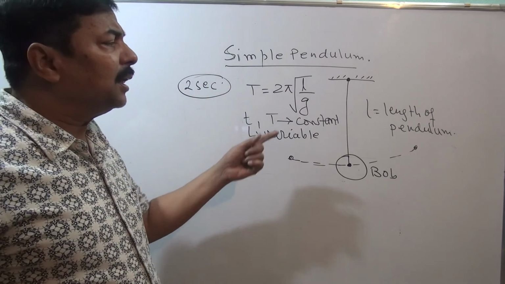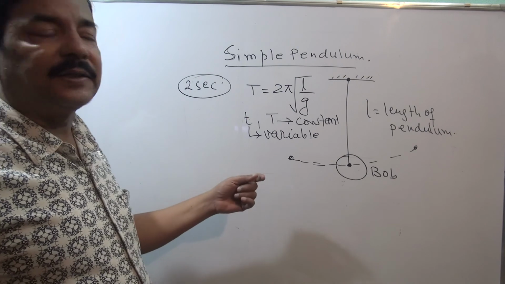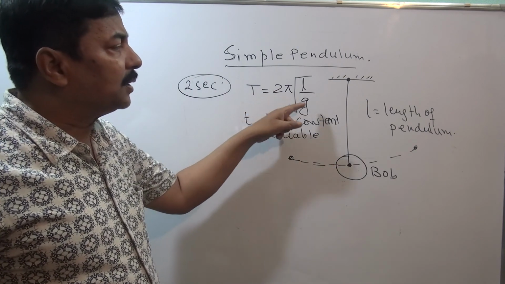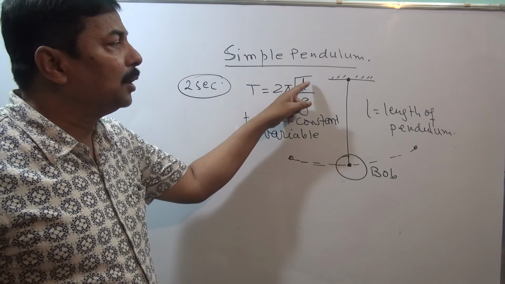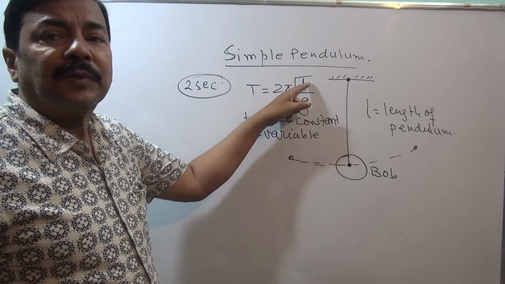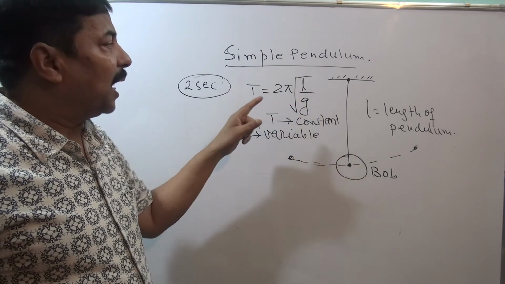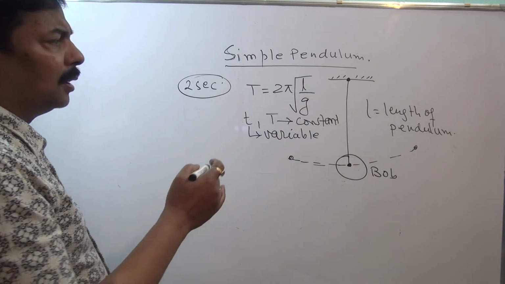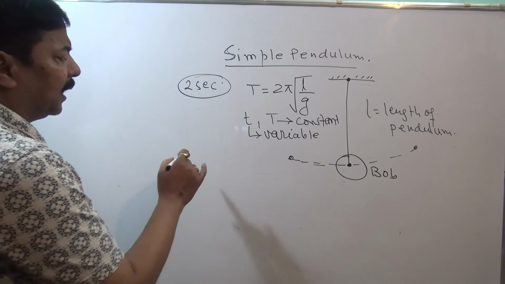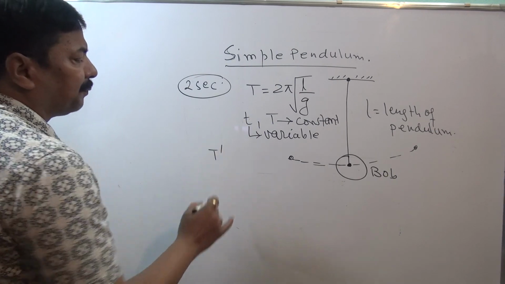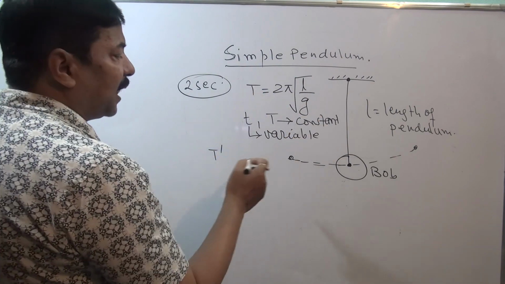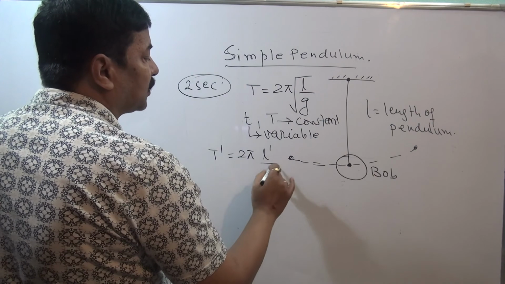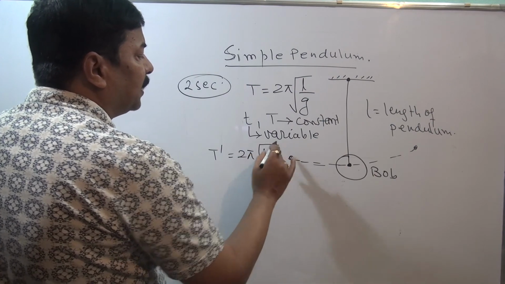Now suppose we talk about the temperature change, then this will not change, this will not change, this will not change, but this is going to change because this is temperature sensitive. So if we take the value of time period, then time period T dash, that means when the temperature has changed, will become 2 pi root under L dash by g. What is L dash?